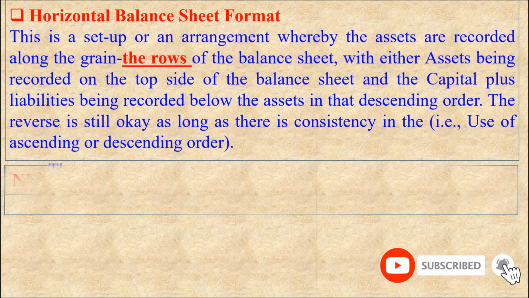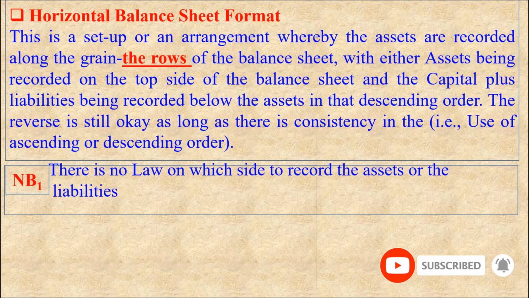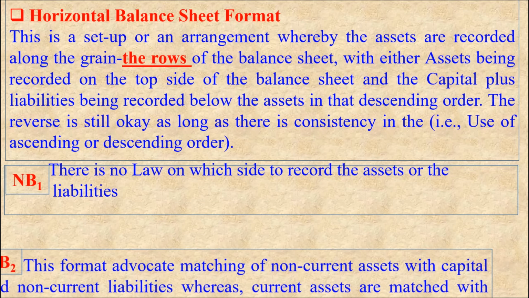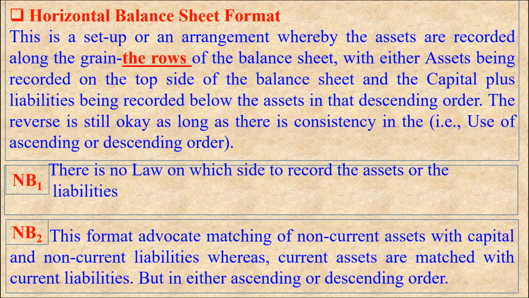Therefore, you need to note that there is no law which can guide us on how to do the recording. We can start with either side of a balance sheet. And number two, you need to note that this balance sheet format advocates matching of non-current assets with capital and non-current liabilities, whereas current assets are matched with the current liabilities, as it was in the previous case of the vertical balance sheet format.